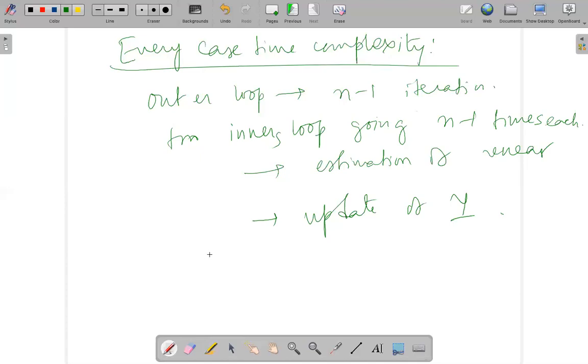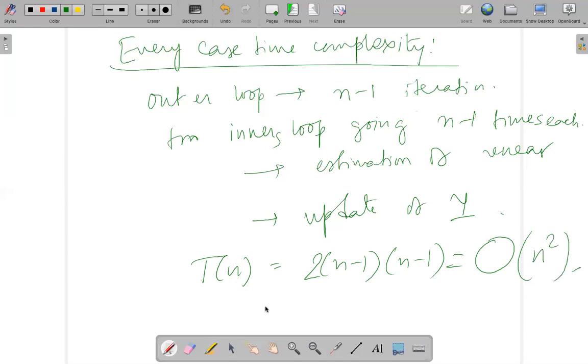So basically T(n) will be (n-1) times (n-1), and this is 2 times, since the outer loop has two inner n-1 loops, so that is big O of n squared. So this is how you write the formal description of Prim's algorithm and also obtain the time complexity.